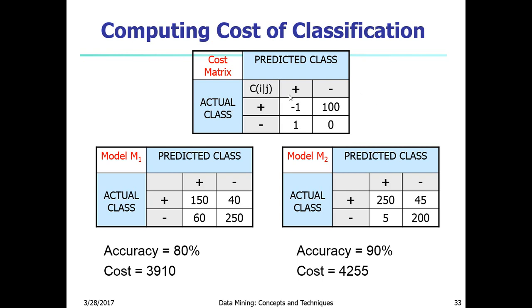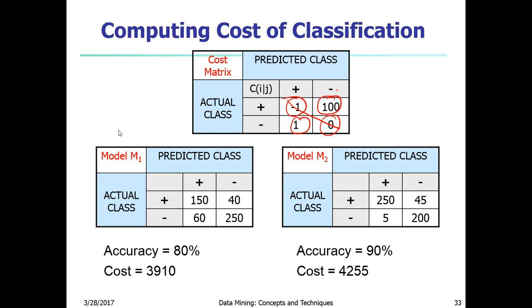Okay, so here we have an example where the cost of misclassification for plus predicted as plus is -1, with some logic behind it, and minus predicted as minus is 0. So the correct prediction has a very low cost, whereas the wrong prediction has a higher cost. The wrong prediction for positive predicted as negative is 100, and for negative predicted as positive is 1.